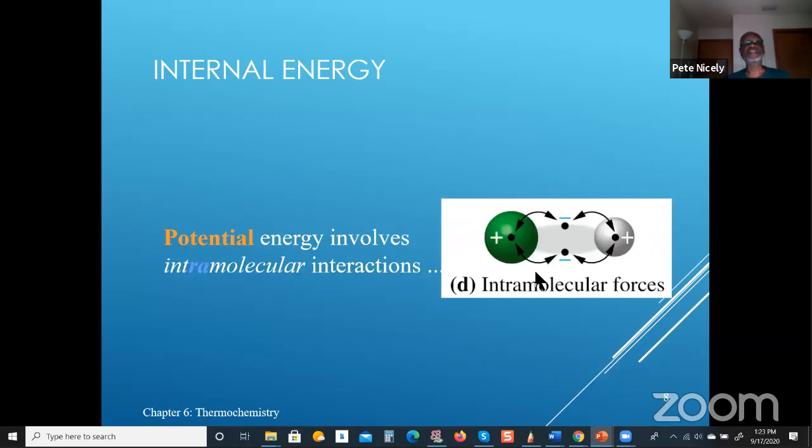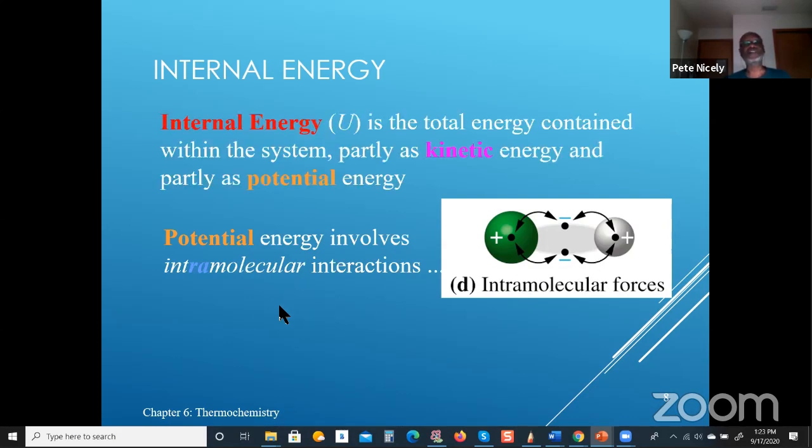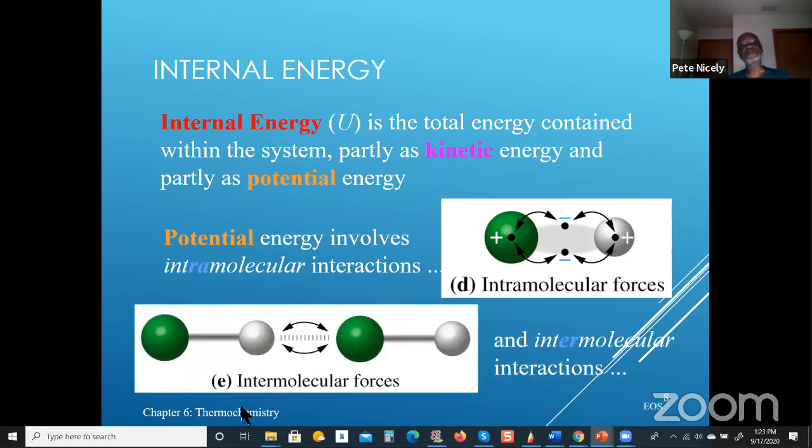And then as far as potential energy is concerned, you can have two types, one which involves intramolecular interactions. So for example, the energy of a bond, the bond may be covalent or ionic, which is attraction between basically opposite charges. So that's one form. And then the other form is through intermolecular forces, which are forces that exist between molecules.